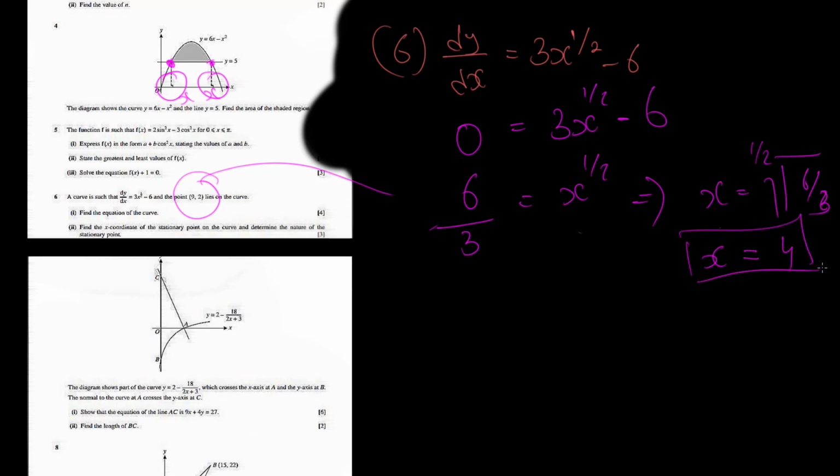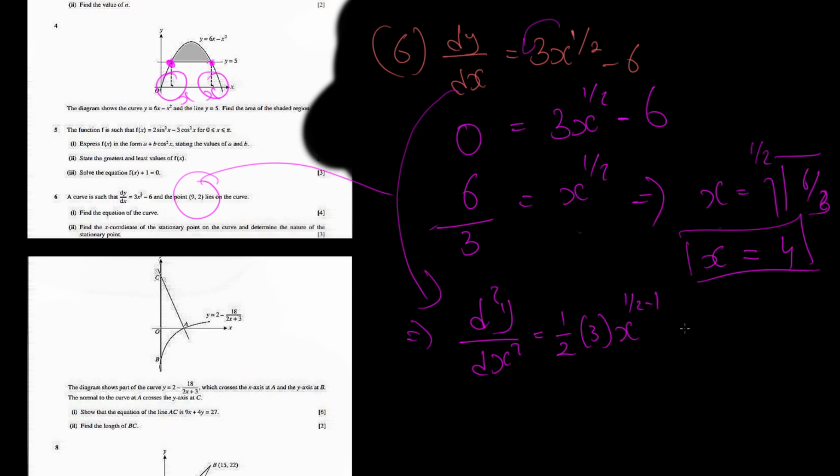So that is the x coordinate for our stationary point, right? To find the nature of the stationary point, we have to take a second derivative. The second derivative would be 1 by 2 multiplied by 3x to the power 1 by 2 minus 1, minus 0, because the derivative of a constant is 0.